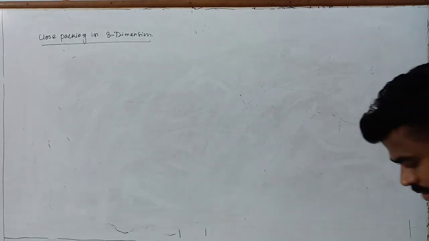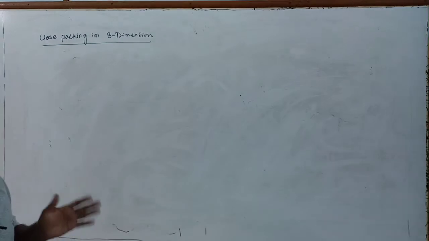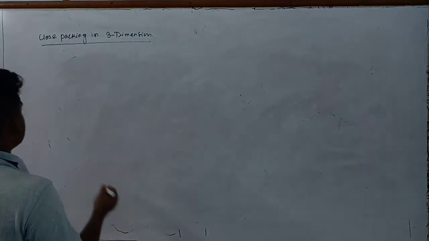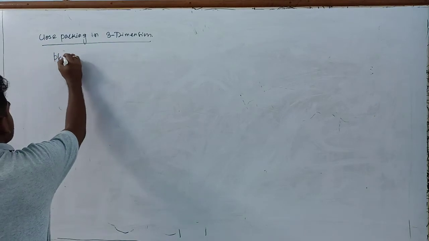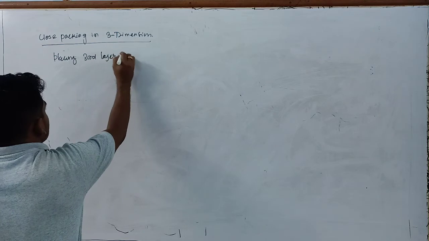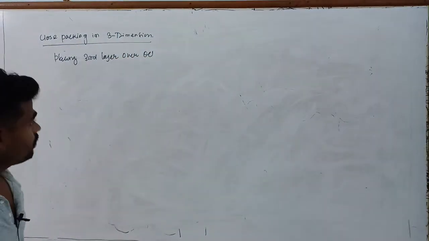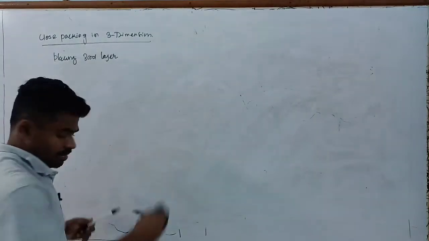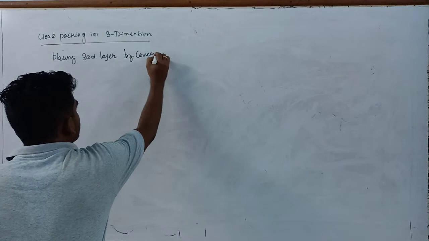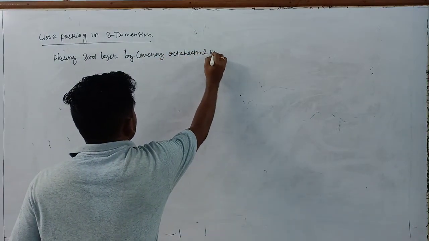Next you see, if I place the third layer by covering the voids B, small b, as I have designated as octahedral voids. Okay, so placing the third layer over by covering octahedral voids.